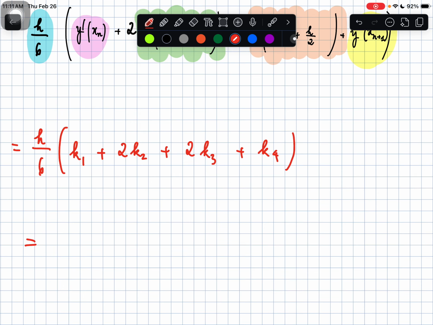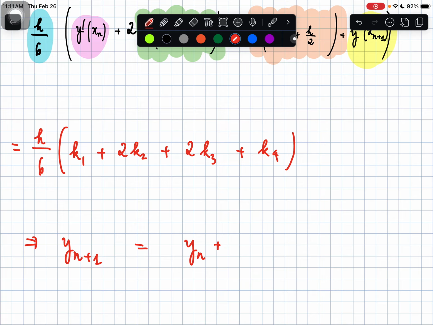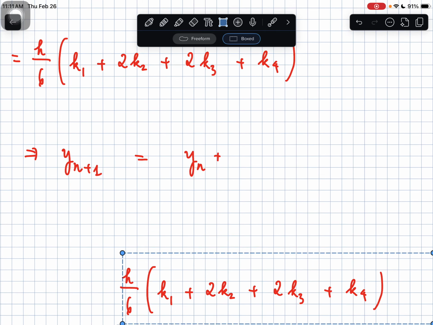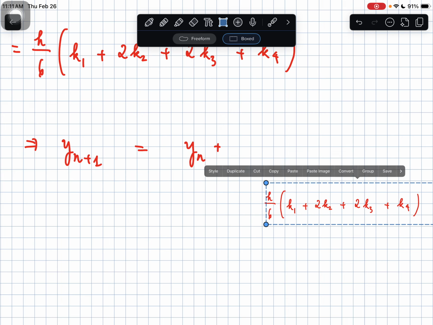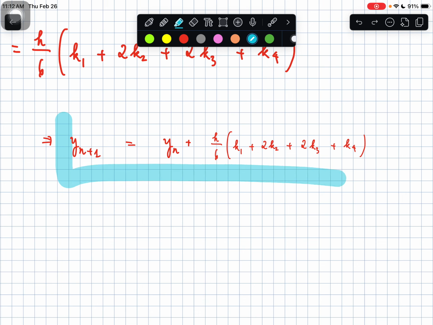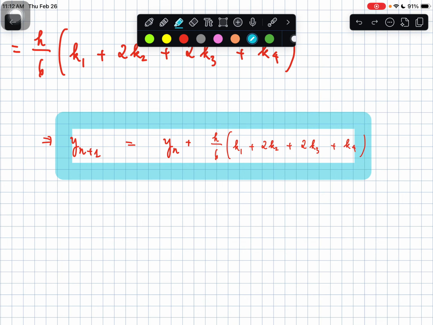We have the approximation: yn plus 1 will be approximated by yn plus h over 6 times this. This formula is the Runge-Kutta method.